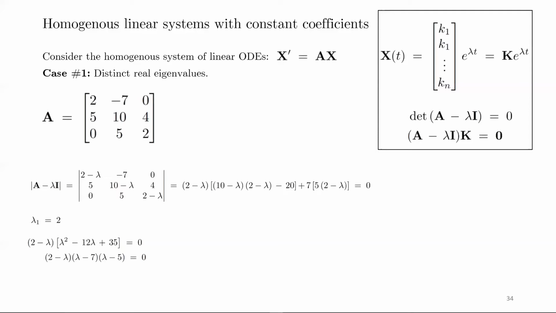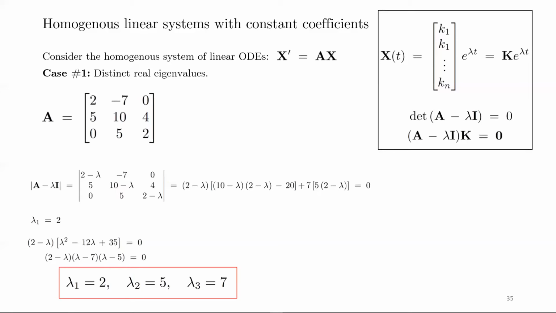And clearly I can see then that my three eigenvalues are going to be lambda 1 equals 2, which we already found, lambda 2 equals 5, and lambda 3 equals 7. These are real and distinct eigenvalues, so we're guaranteed to have three associated eigenvectors as well.